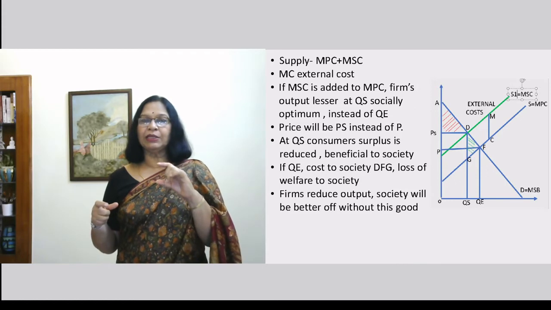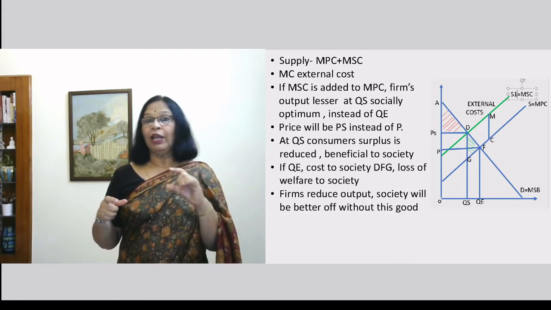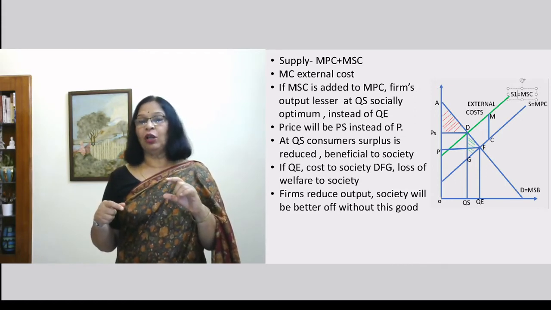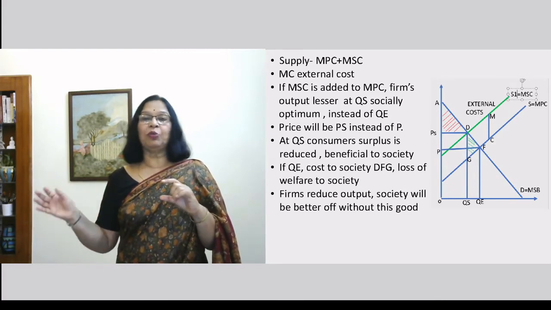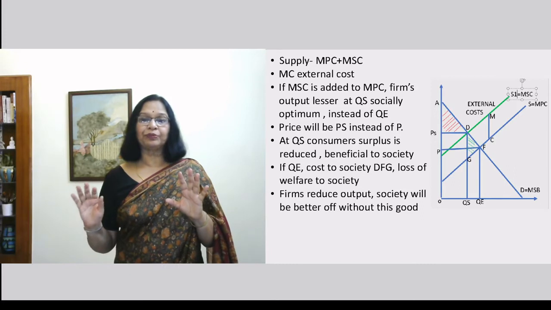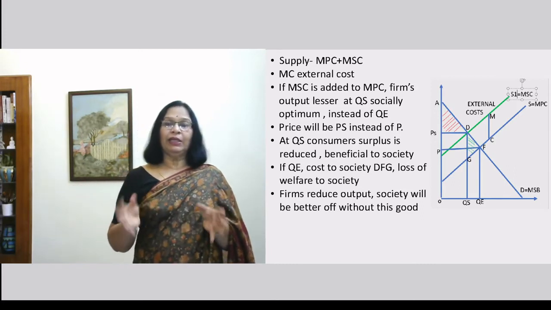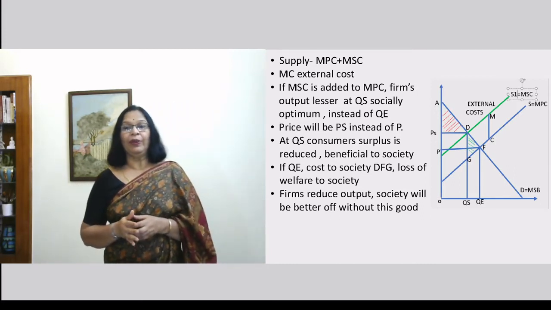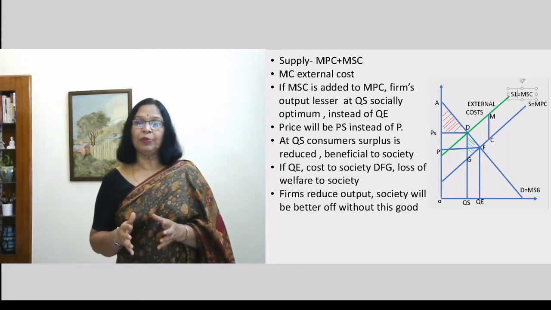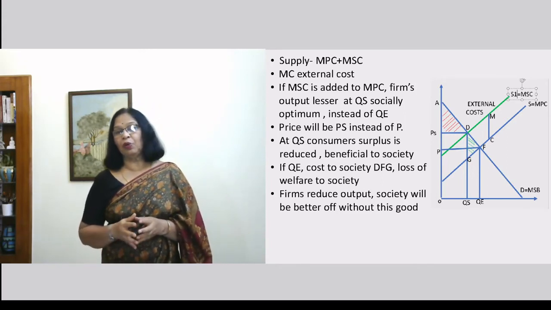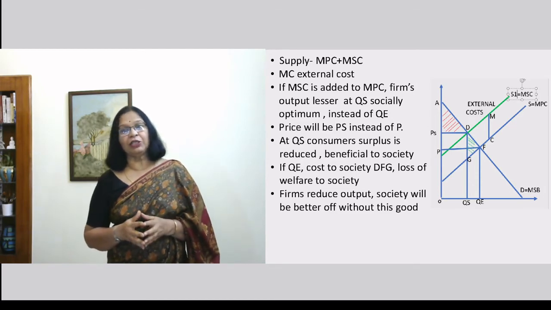So MC is the social cost which the firm is not taking up at all, and the firm chooses to release that polluted water into the water body. Now, what has happened by this action of the firm? By this action of the firm, the quantity produced is QE and the quantity is supplied at price P.